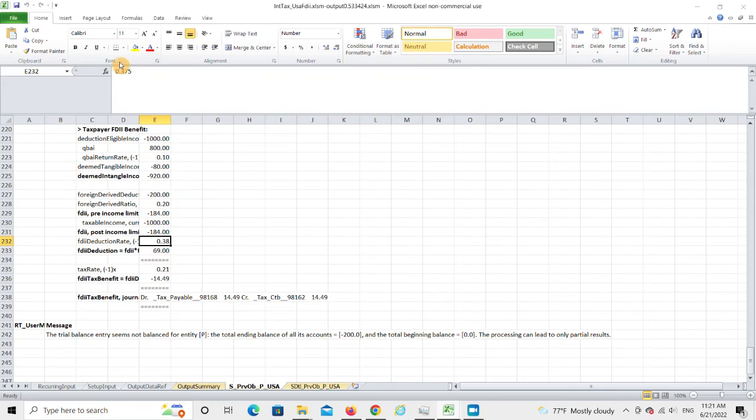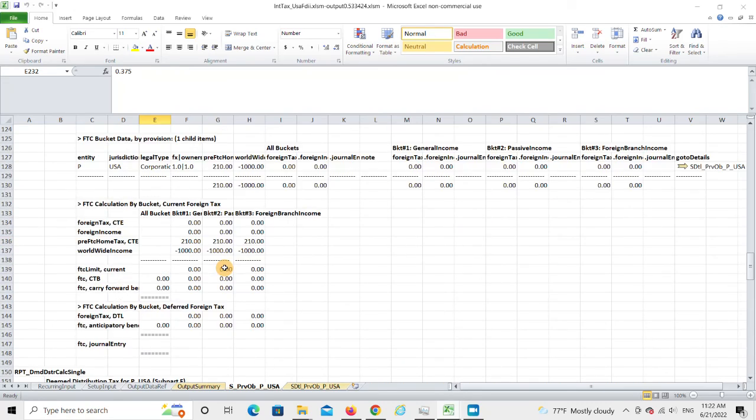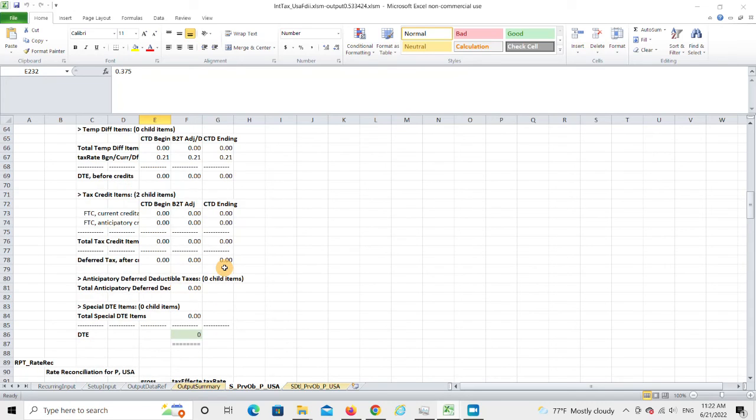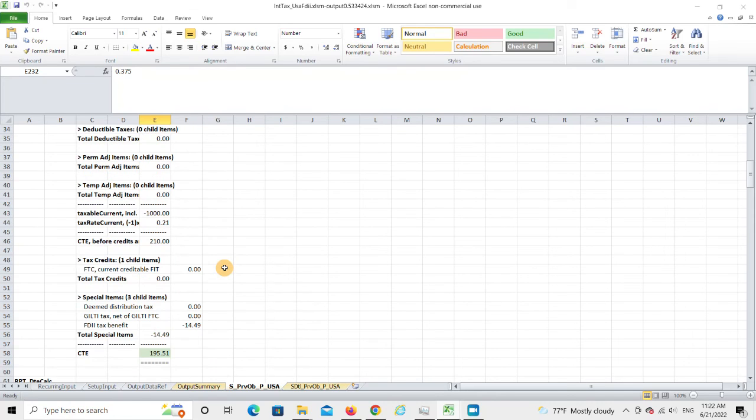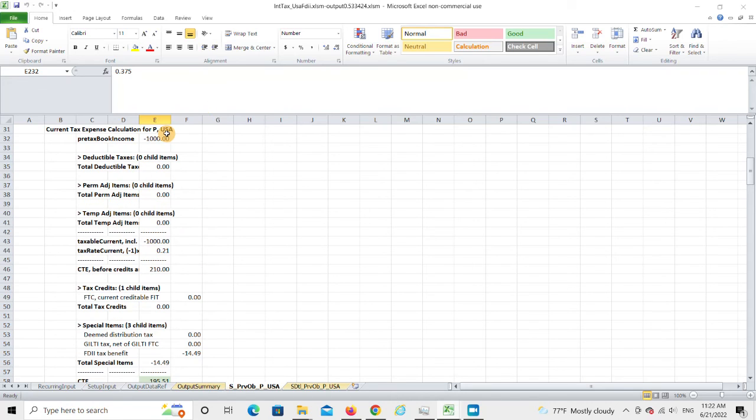And 37.5% of that is our deduction, which is $69. That amount of deduction at a tax rate of 21% gives you a benefit of $14.49. So that's where the benefit comes from in our current tax calculation, the CTE calculation for P, 14.49.